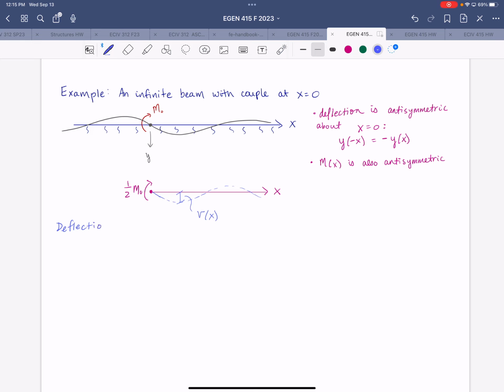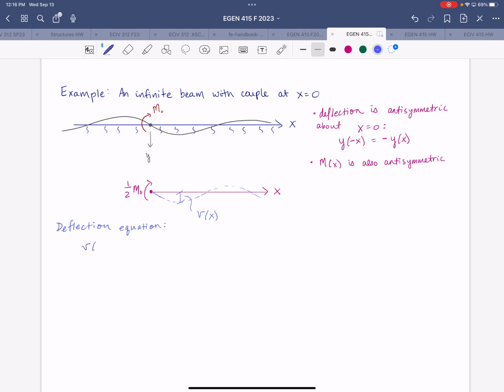So to analyze any of the internal forces, deflection, slope, etc. for this beam, we would want to start with the deflection equation that we came up with a couple pages ago, right? I'll rewrite it here.